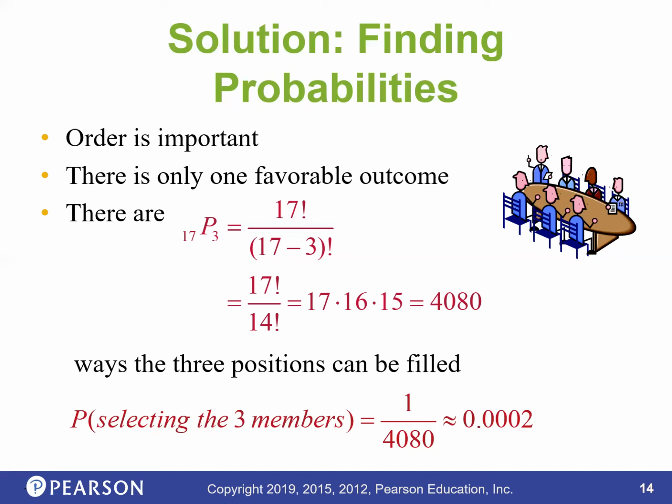It's going to be 1 out of 4,080. Are we good? Very, very low probability, yes, for one of those possible outcomes.